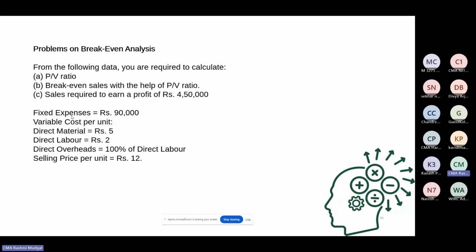So here I can see that I have a desired profitability where I want to earn at least 4,50,000 of profit. My fixed expenses are 90,000. My variable cost per unit includes direct material, direct labor, and direct overheads. Selling price per unit is 12.